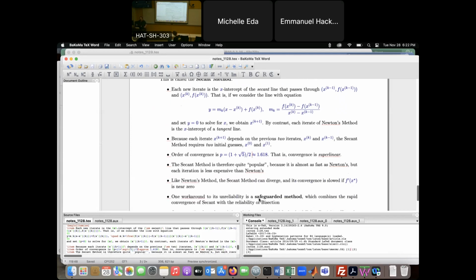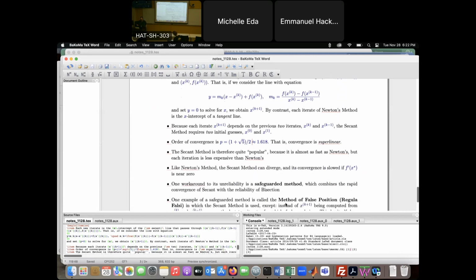And then if the secant method produces an iterate that's outside the interval, that iterate is rejected. So then one iteration of bisection is performed, narrowing things down a bit, and then you try the secant method again. So that combination is guaranteed to converge, but it would converge more rapidly than bisection alone. So that's a simple example of what's called a safeguarded method.